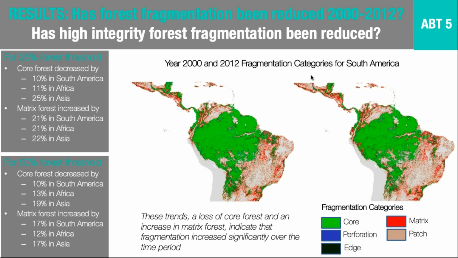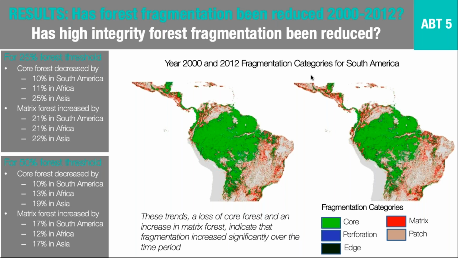This is fairly similar to the results using a 50% threshold to define forests. And then matrix forest, which tends to be more edge affected and which we consider more fragmented, increased anywhere from about 12% to 22%, depending on the forest threshold and the region.